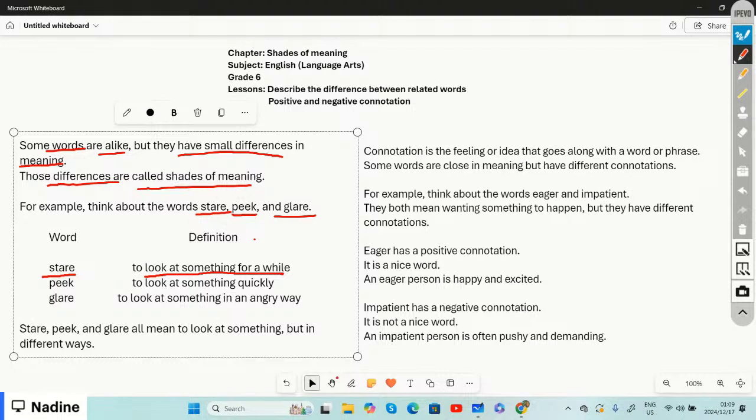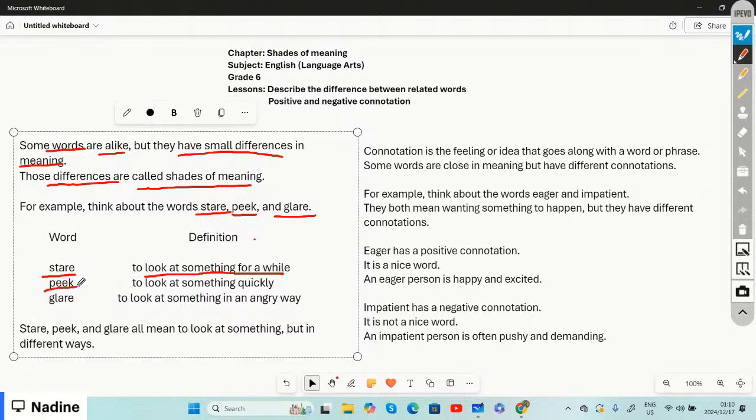Like you're at school and you're staring at whoever or wherever that you are staring, you're looking at the specific person or thing for a while.